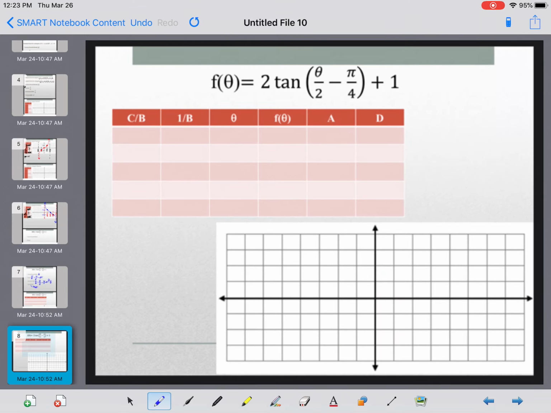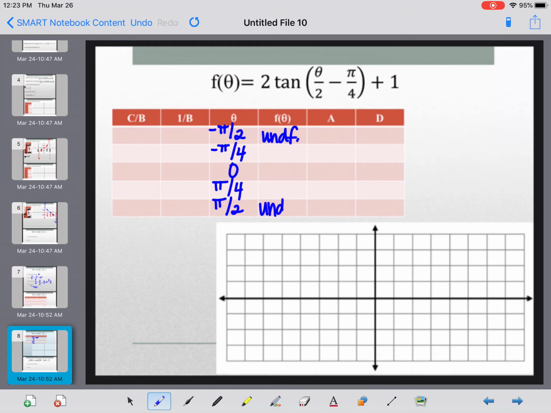So we're going to apply all of that to our table of values. For tangent, negative pi over 2, negative pi over 4, all the way up to pi over 2. First and last are undefined.